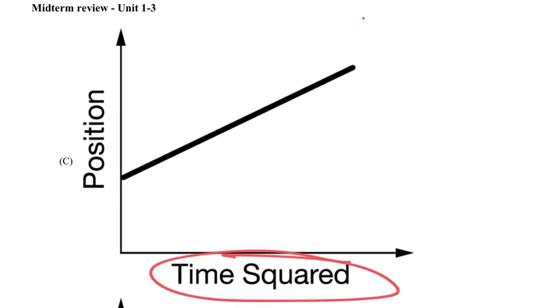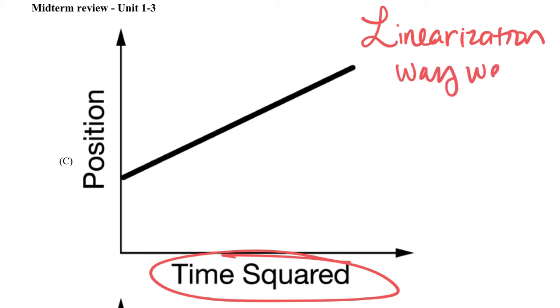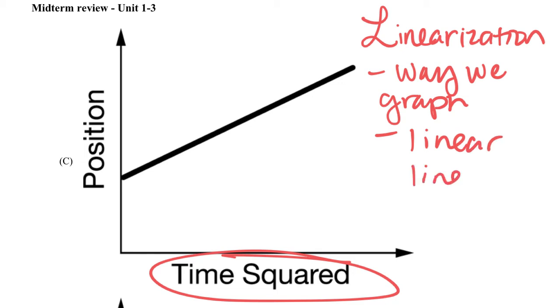So time squared will come in because of linearization. Remember, linearization is going to affect the way that we graph, and since it affects the way that we graph, we're going to get a linear line. So we know an equation that includes acceleration in it is going to be our UAM equations.